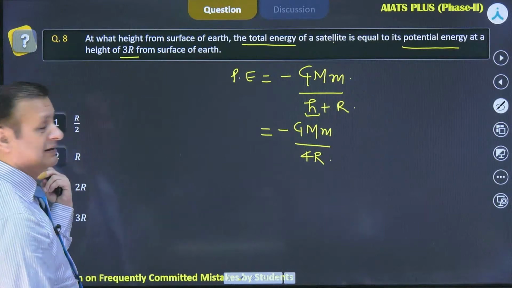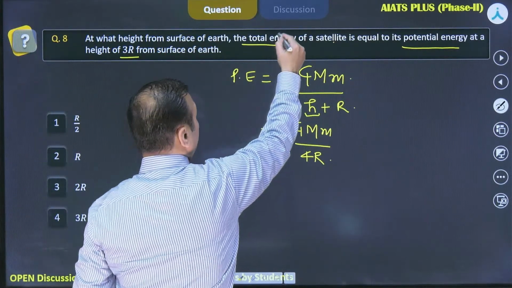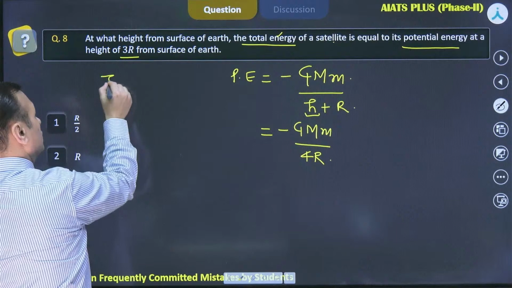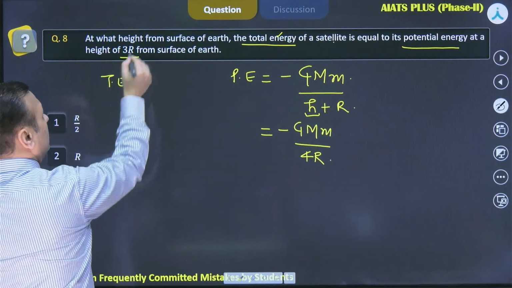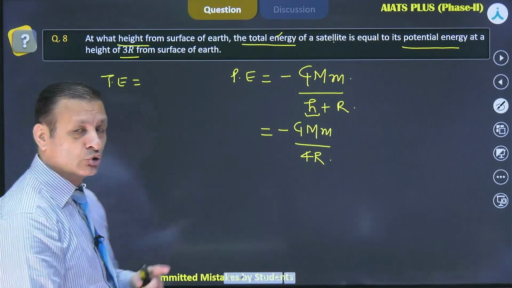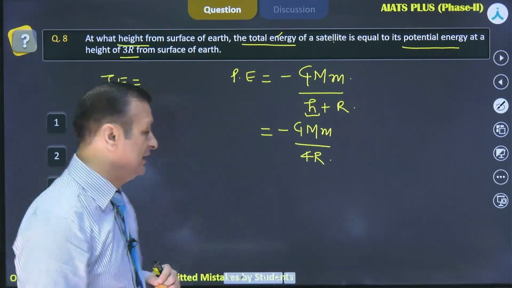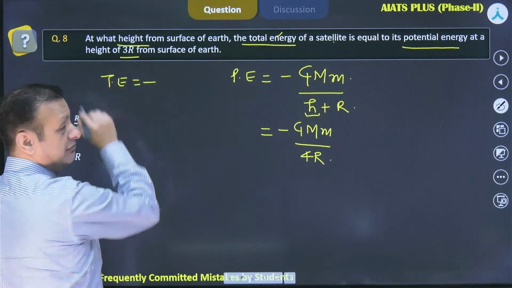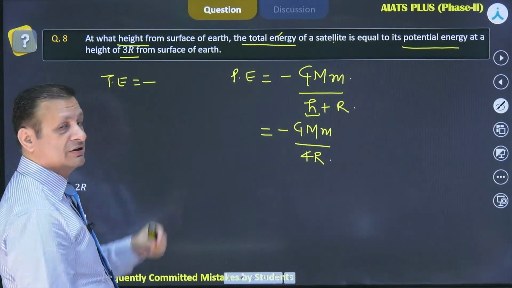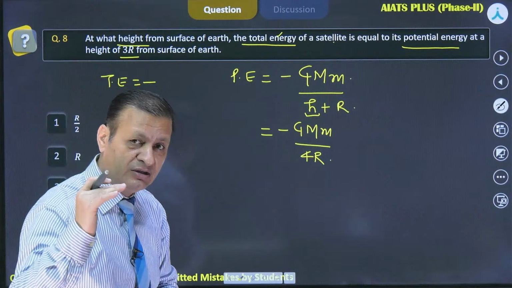Now let's understand the total energy of the satellite. Total energy of the satellite has to be a generalized concept in terms of height. So this is also negative. Interesting point: total energy has to be negative if it is within the field.